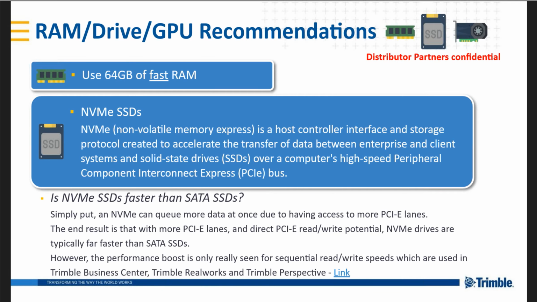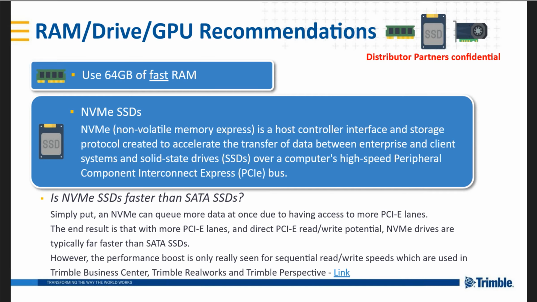The answer is quite simple. Yes, it is. The NVMe can queue more data at once thanks to having access to more PCIe lanes. If you compare it with a highway, you have more lanes where the cars are driving, processing the data with the NVMe SSD compared to a SATA SSD.